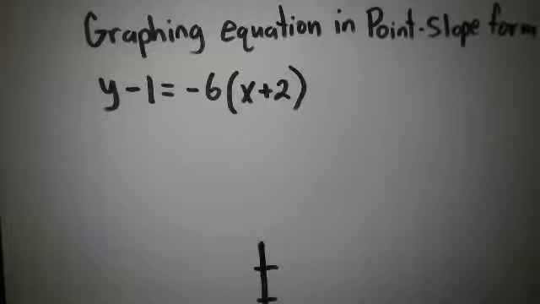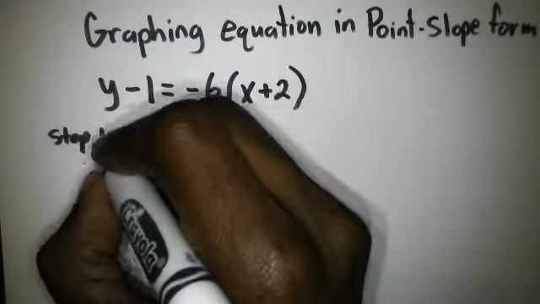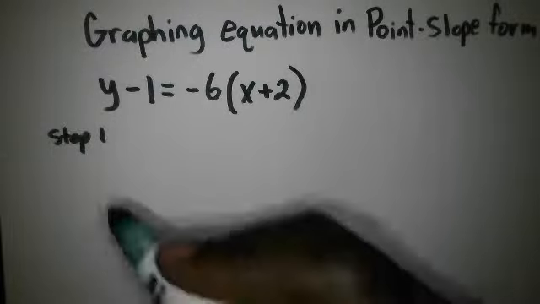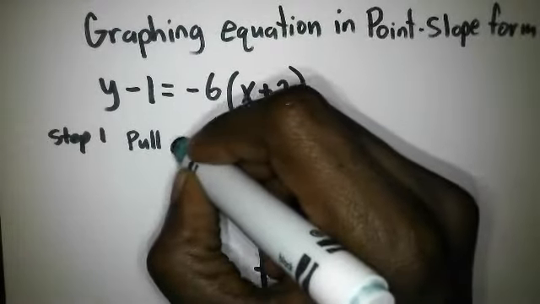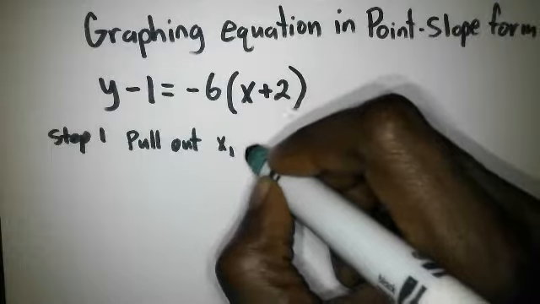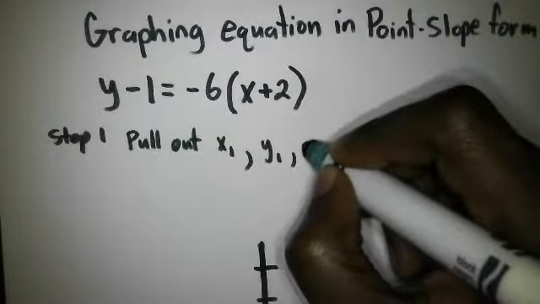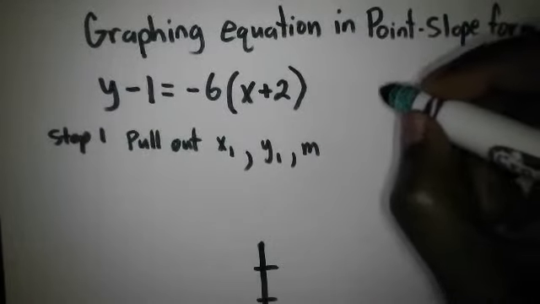Whenever they just give us the equation itself, our very first step is to pull out the information that is given. So let's pull out the first x. We're also going to pull out y1 and slope. So let's write it here.